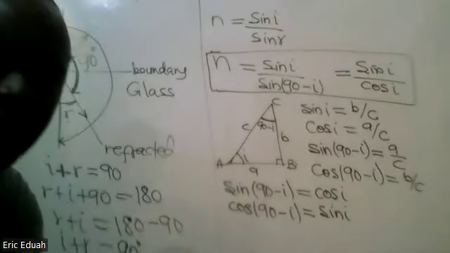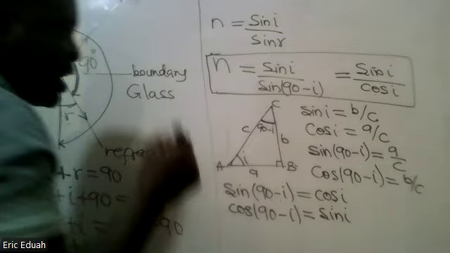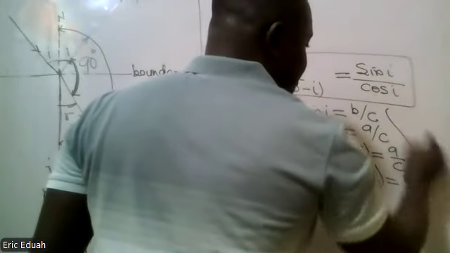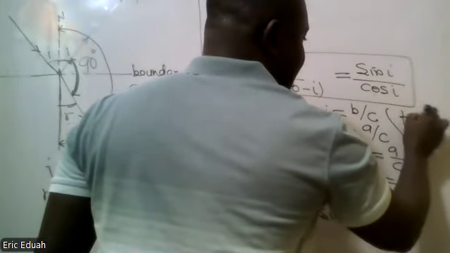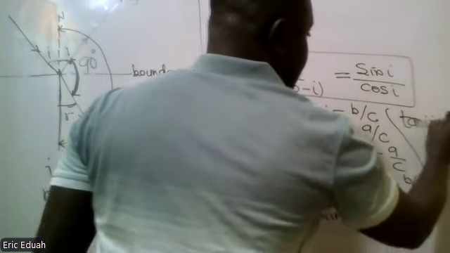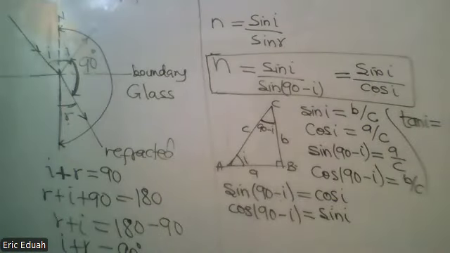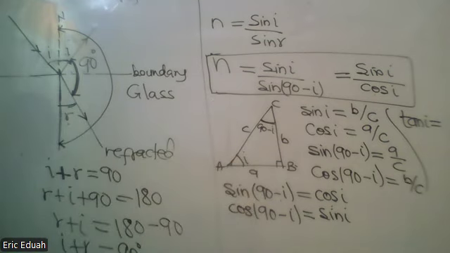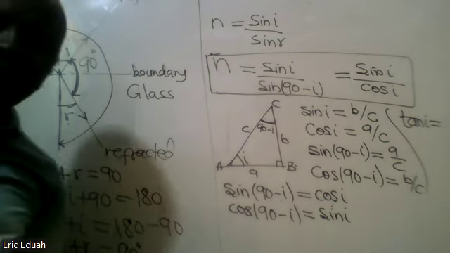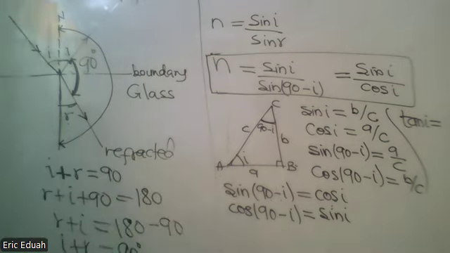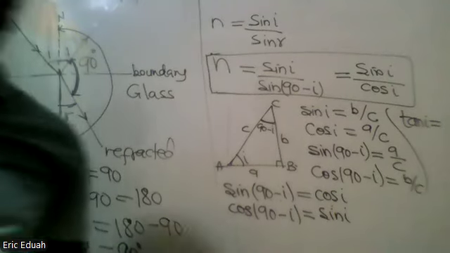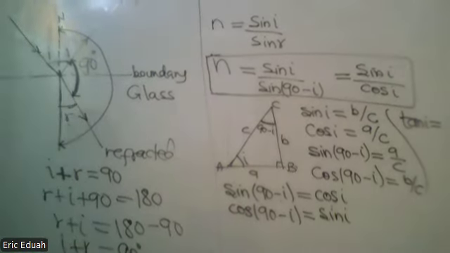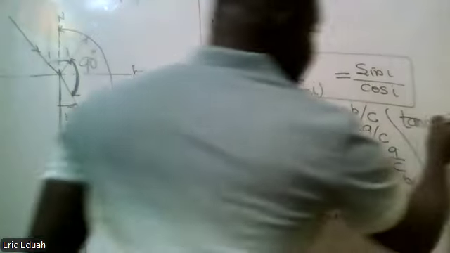Now, from the same diagram, let's extract tan of I. What is tan I from the diagram? B over A. Good.